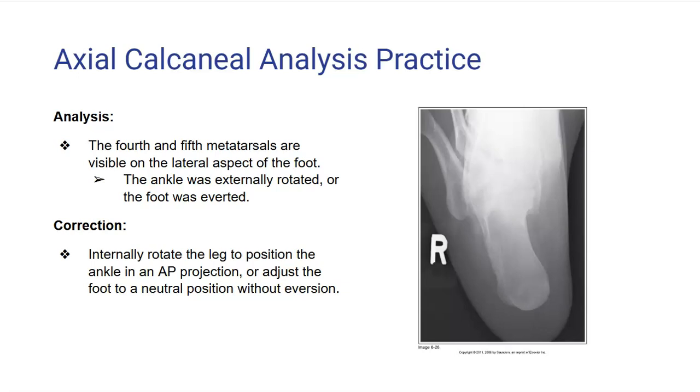To correct this and achieve proper alignment, internally rotate that leg to position the ankle in a true AP projection, or adjust the foot to a neutral position, ensuring that there's no eversion. This will help maintain accurate anatomic representation and prevent rotation and distortion.